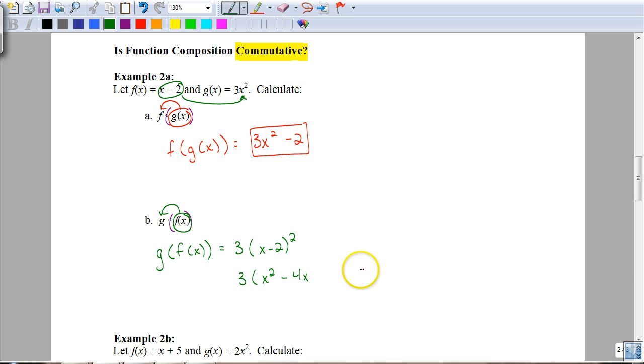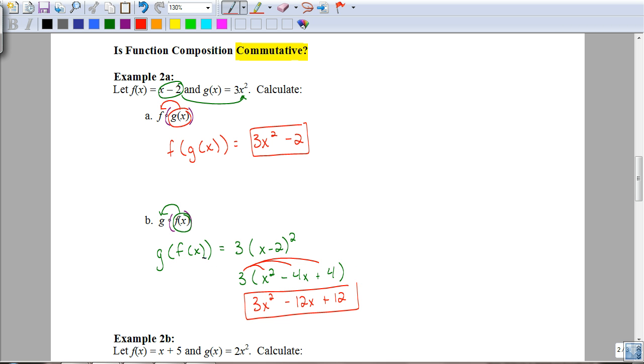Then I square the negative 2, which gives me a positive 4. It's much easier than taking x minus 2 times x minus 2, which you could FOIL. You get the same answer, it just takes more time. Now to get our final answer, I'm going to distribute the 3 through. So it becomes 3x squared minus 12x plus 12.